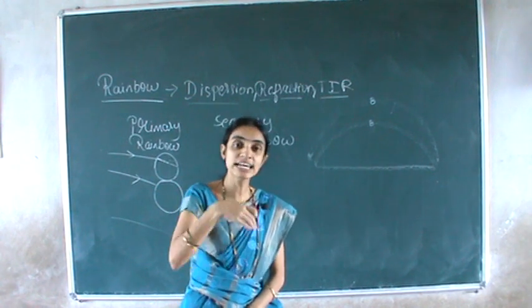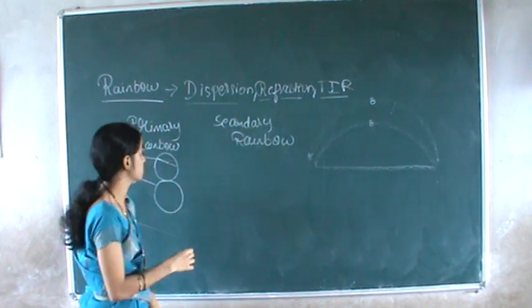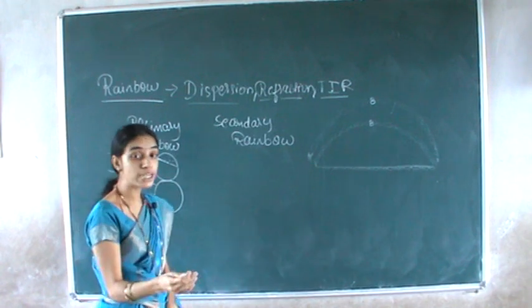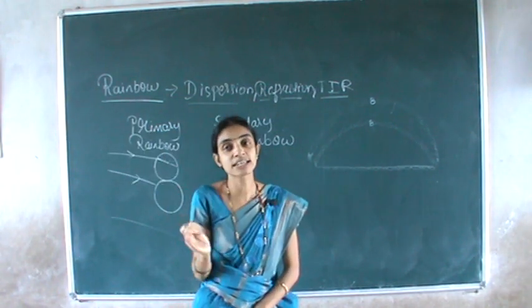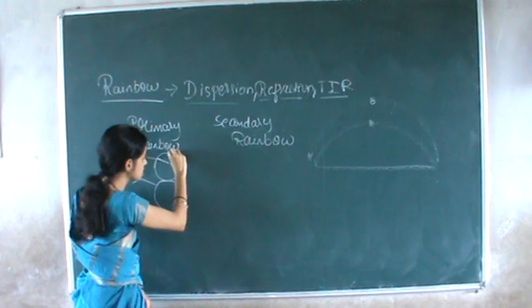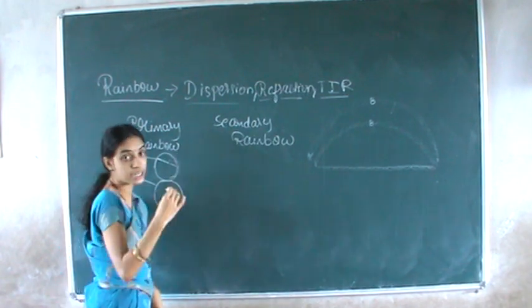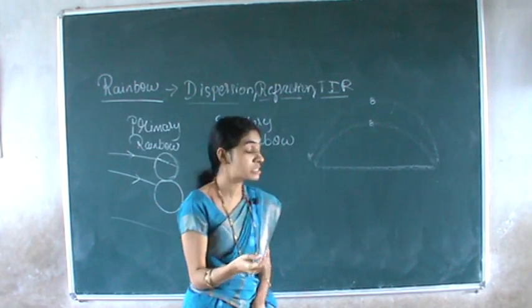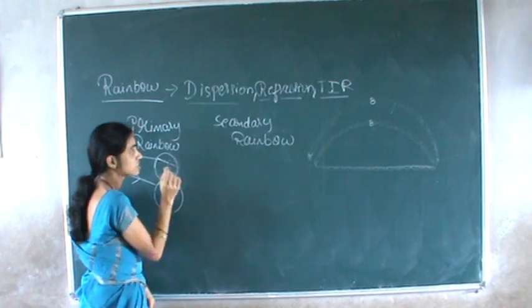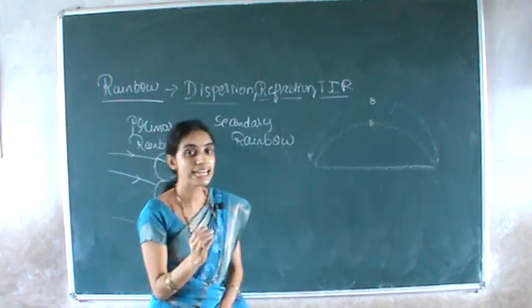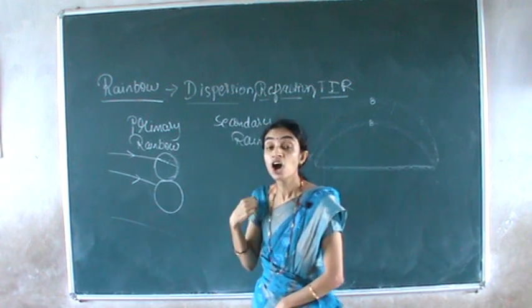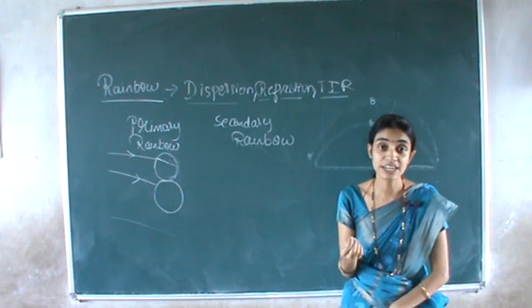Interaction along with that dispersion. The band of colors will be the same. Next, what happens at the other side of the tiny droplet? It satisfies the total internal reflection. How can we define total internal reflection?